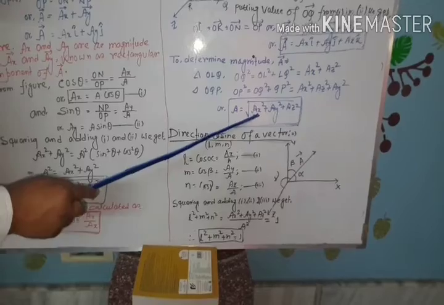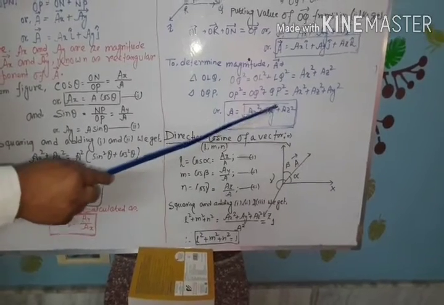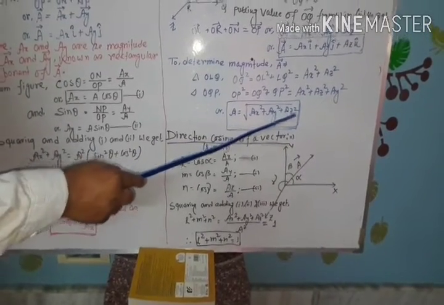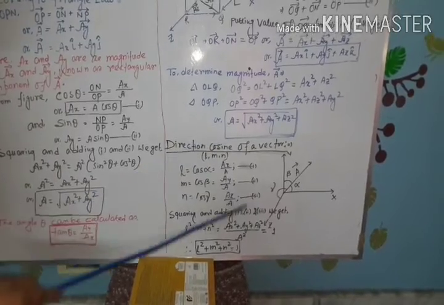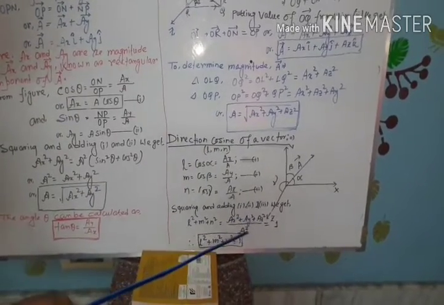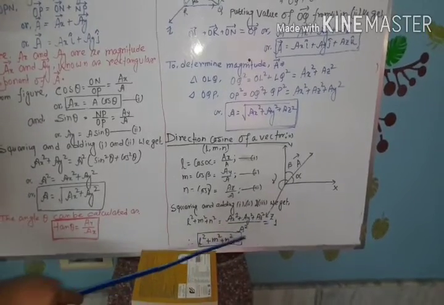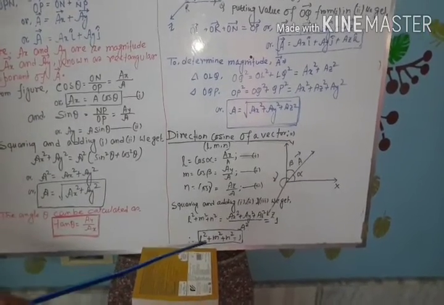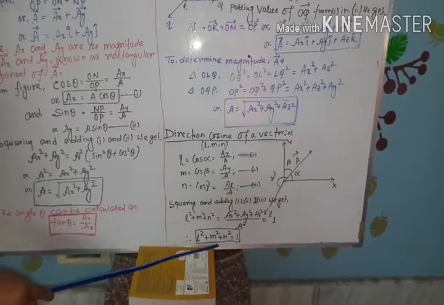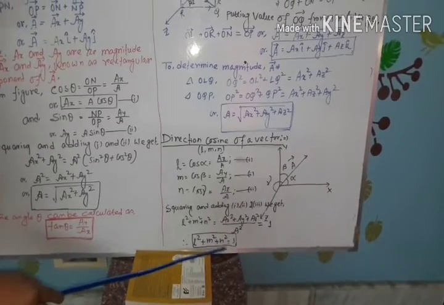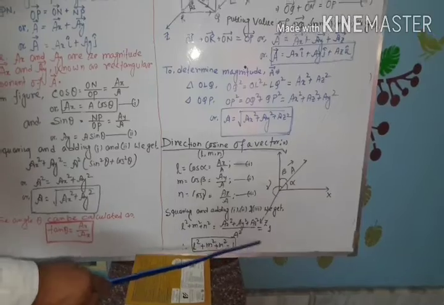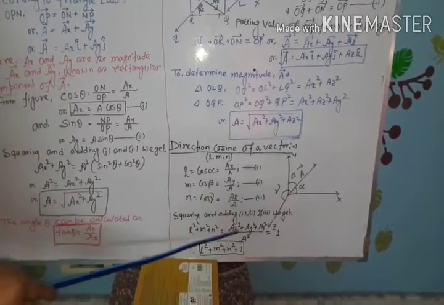From our previous explanation, AX square plus AY square plus AZ square is equal to A square. That's why this becomes A square by A square, which means 1. So this is a very important conclusion: the sum of the squares of the direction cosines of a vector is always equal to 1. This is a very important theoretical question.